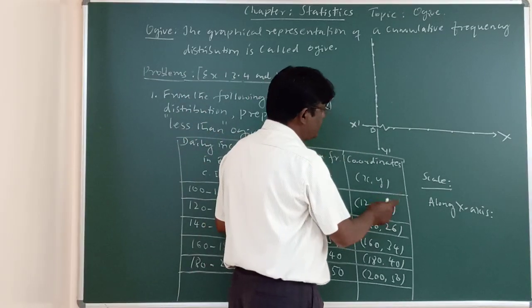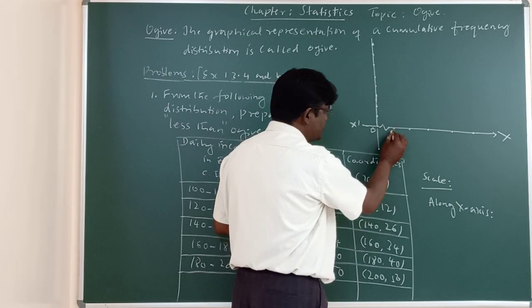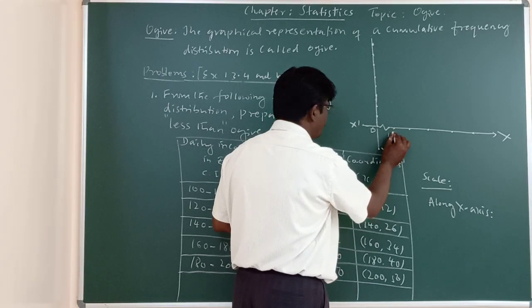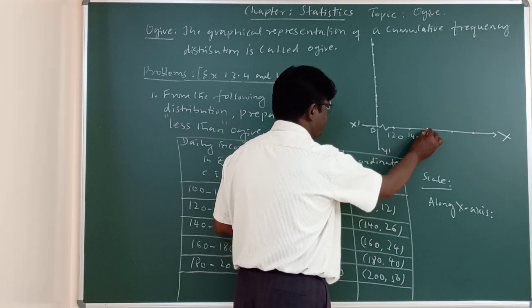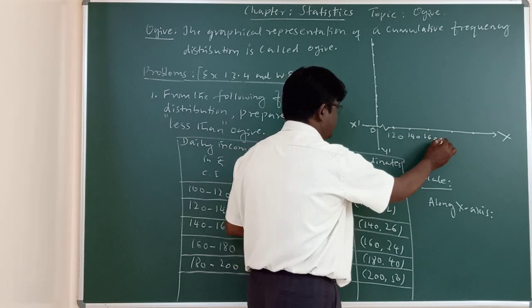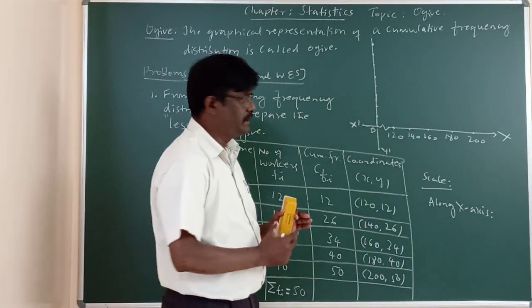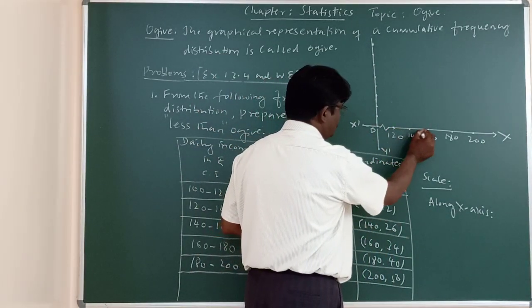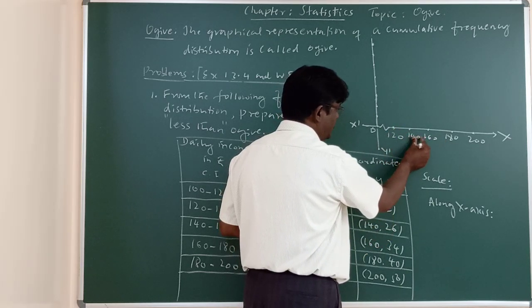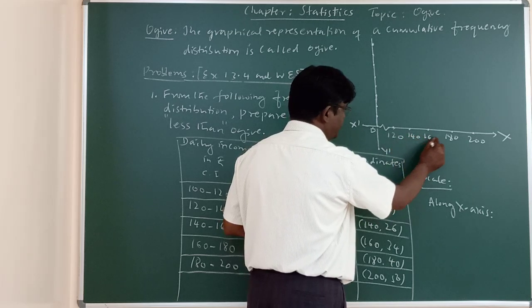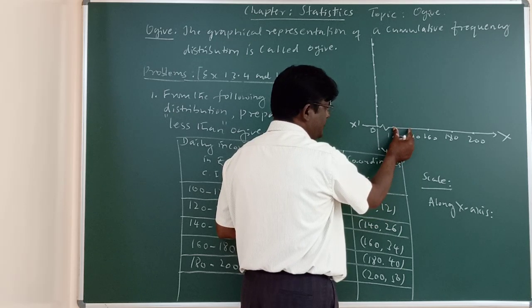Hence, to ignore that gap, just draw a small curve like this, and then we shall start the upper limit 120, and then next upper limit is 140, 160, 180, 200. For every 1 centimeter, just mark small dots, and each dot represents one upper limit. That means here the gap, that width.